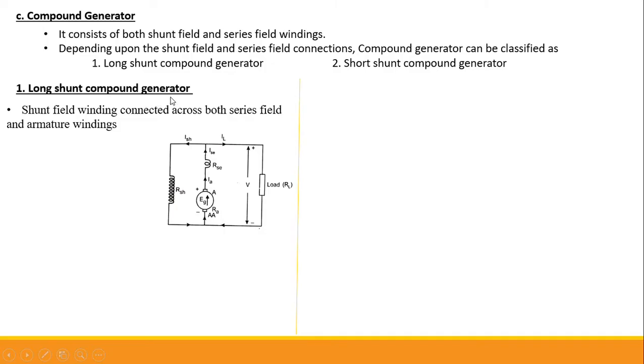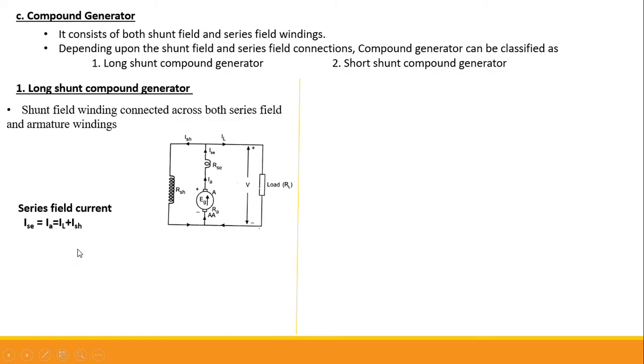In this type of generator, the shunt field winding is connected across both the series field and armature winding. In the circuit diagram, the series field winding is connected in series with the armature coil. At the same time, the shunt field winding is connected across this combination.